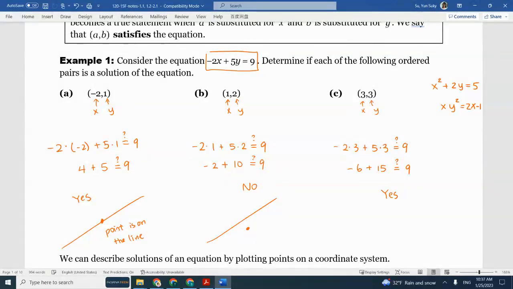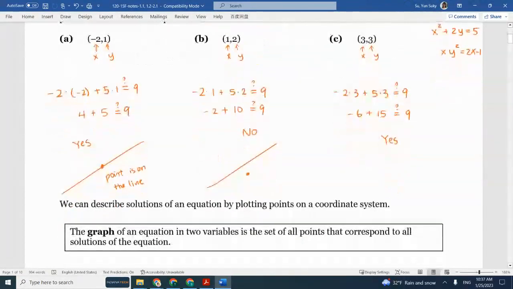This is another equation. So not only linear equations, you can have other equations. And to check whether a point, an ordered pair, is a solution of the equation, we just plug in the x and the y and see if the left-hand side equals the right-hand side.